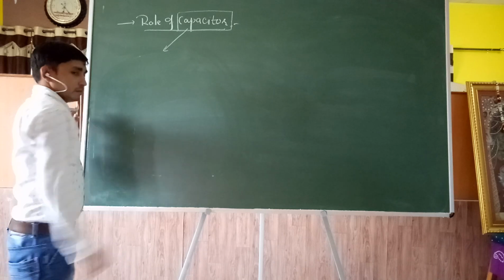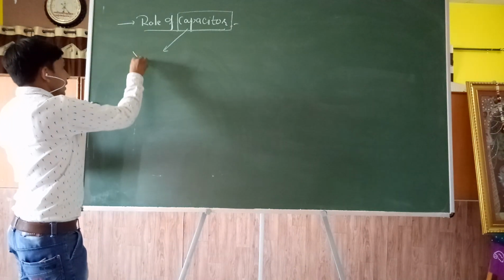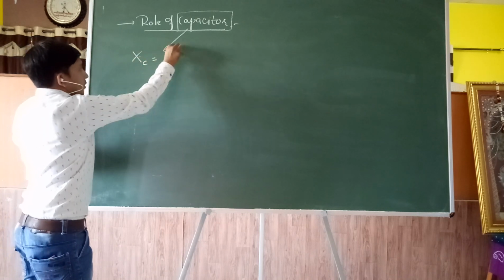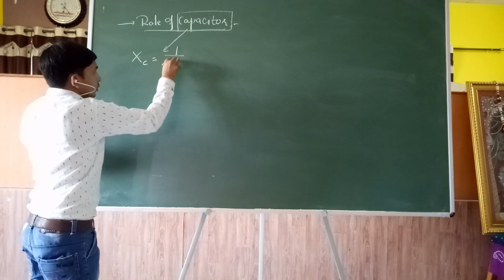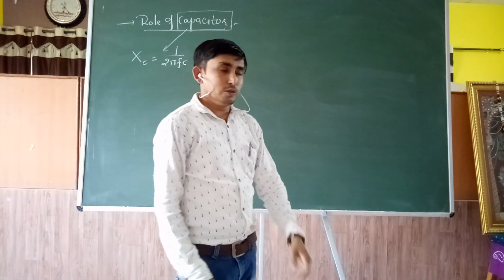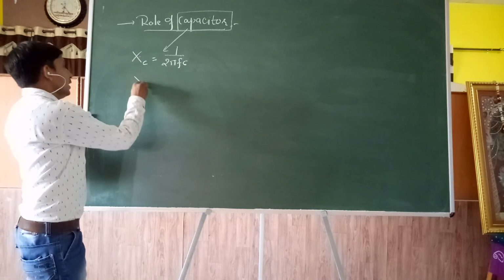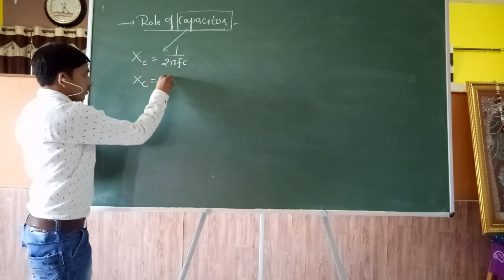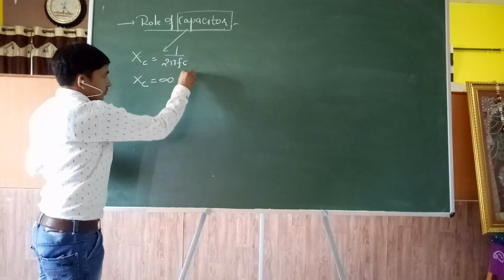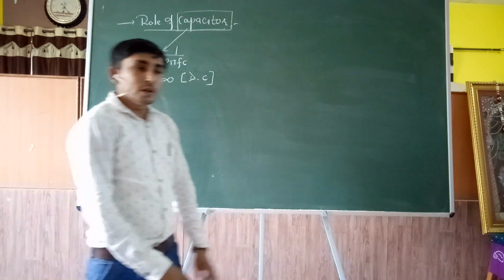We know very well the reactance offered by the capacitor is given as Xc equal to 1 upon 2 pi F C. So for DC the frequency is 0, and it offers infinite reactance to DC.